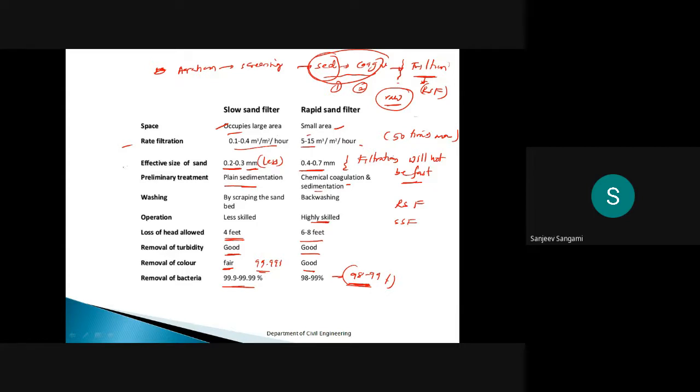Then the effective size of the sand, what we talk about in geotechnical engineering, that is the coefficient of uniformity. This will be discussed in your geotechnical engineering. So what will be the uniformity coefficient? For example, assume that you have 10 particles. In these 10 particles, how many are of similar size?